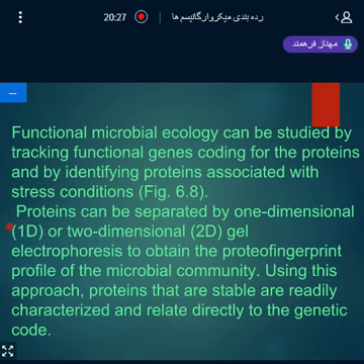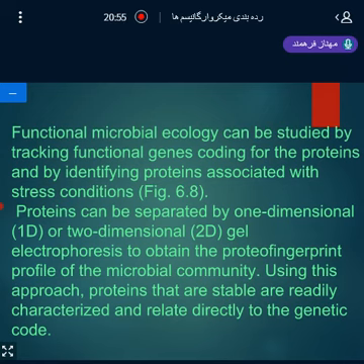Proteins can be separated by one-dimensional or two-dimensional gel electrophoresis to obtain the proteo-fingerprint profile of the microbial community. Using this approach, proteins that are stable are readily characterized and relate directly to the genetic code.